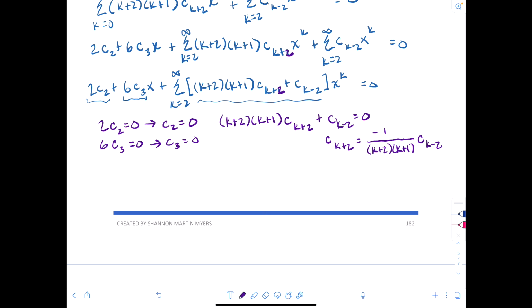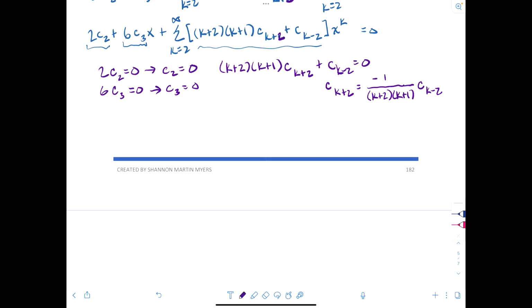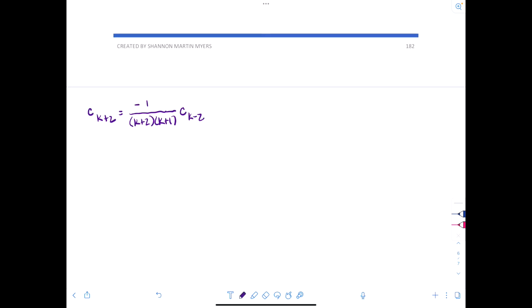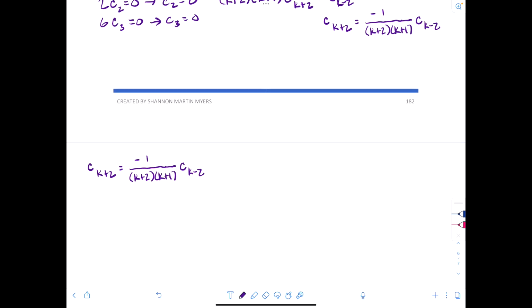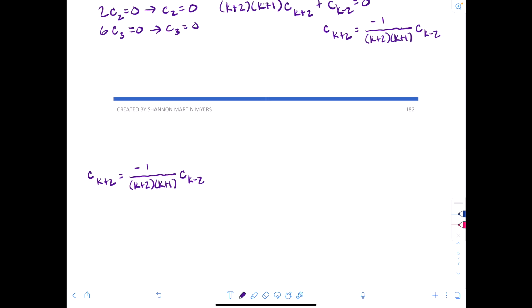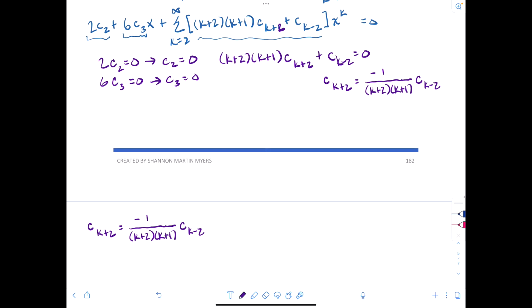Cool so far? So now we're going to work with this one. Working with our c sub k plus 2, let's see what we have. And don't forget about all this other stuff. We have C2 is 0, C3 is 0.